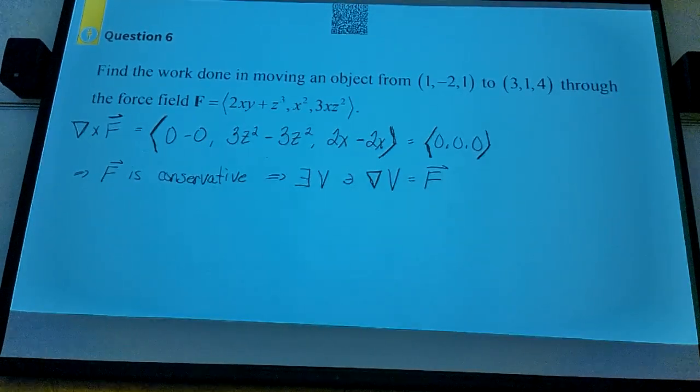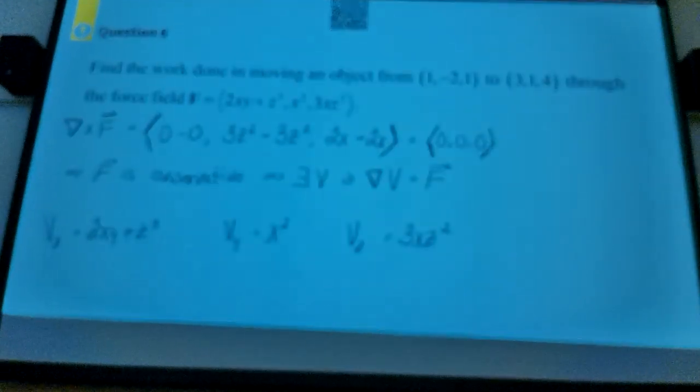That means we have a scalar function whose gradient is the vector field. That's where we're at.